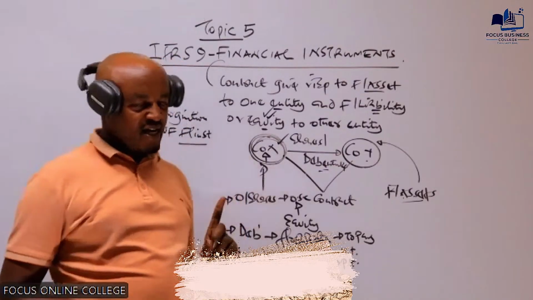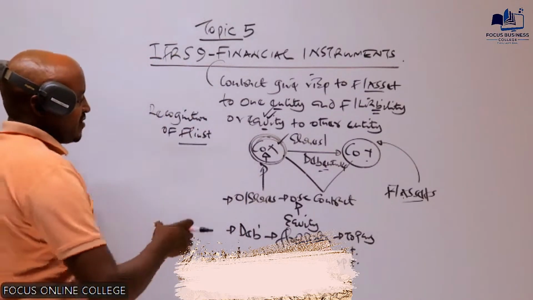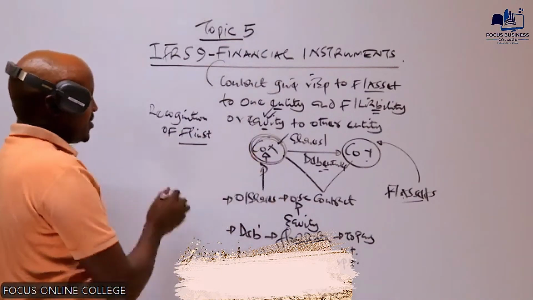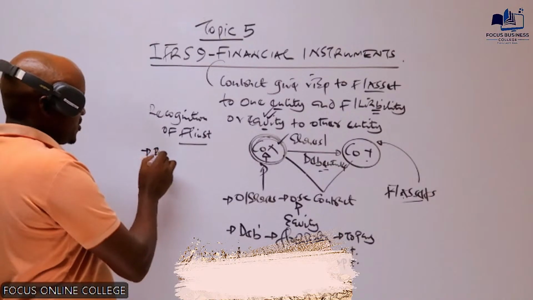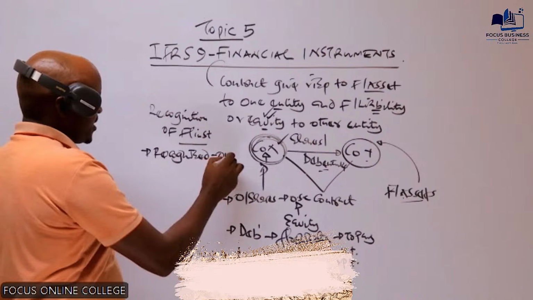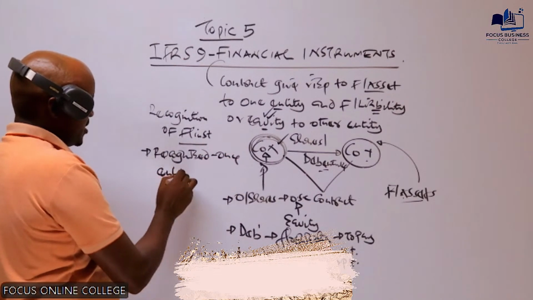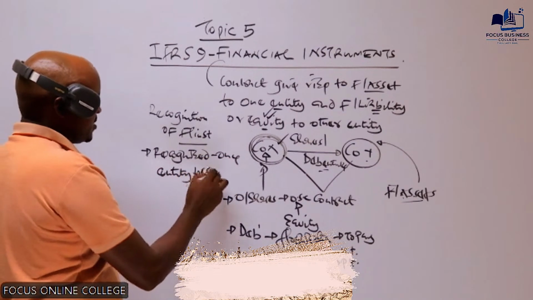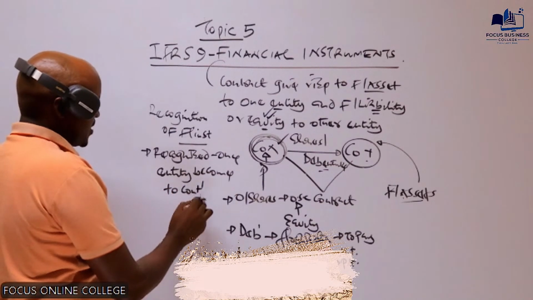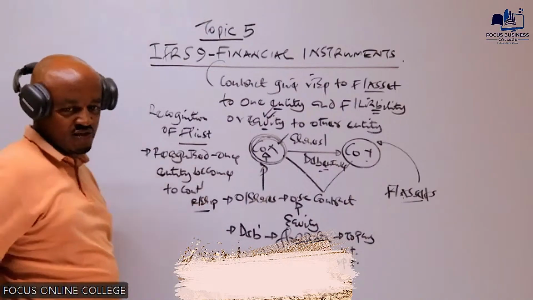According to IFRS 9, a financial instrument, whether issued or purchased, should be recognized once an entity becomes a party to the contractual relationship. What does that mean?